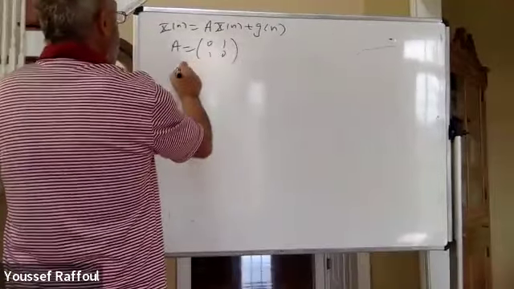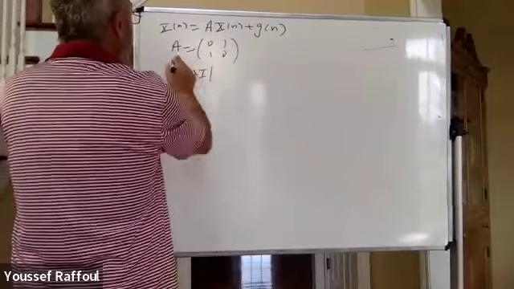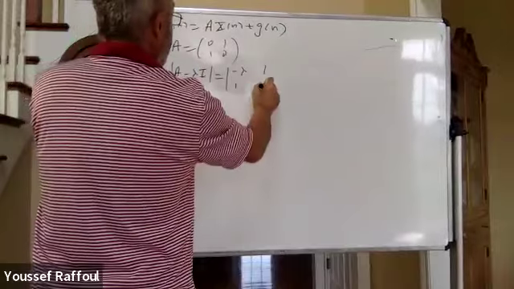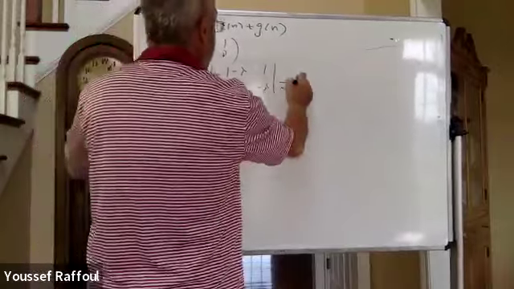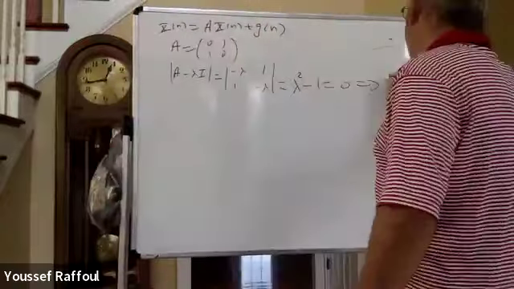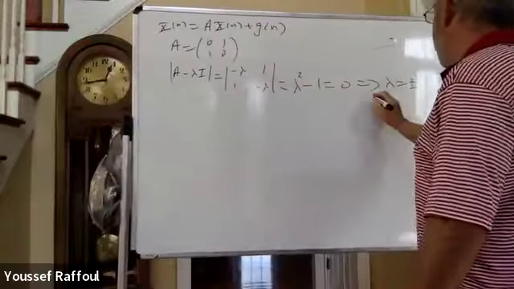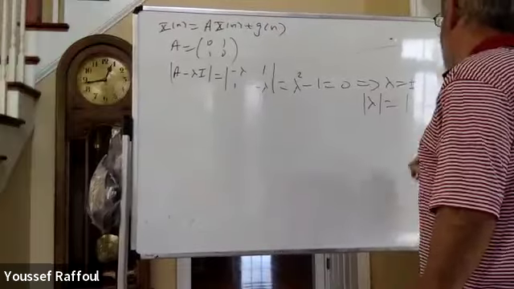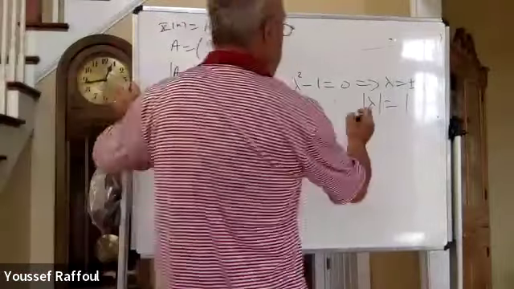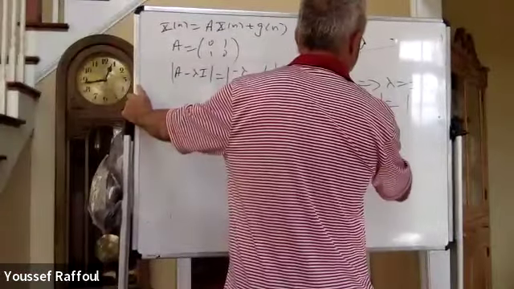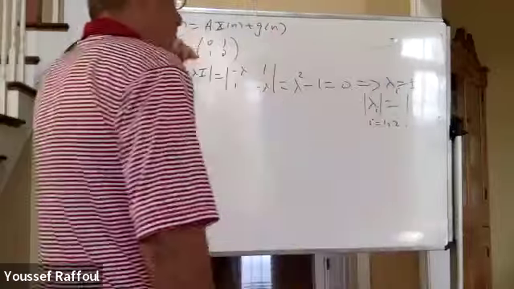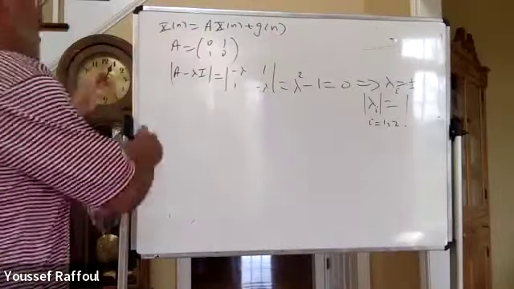If I look at A minus lambda I, that is minus lambda, 1; 1, minus lambda, and that is lambda squared minus 1 equals 0, which implies lambda equals plus or minus 1. And this is lambda_i, for i equal 1 and 2. All right?